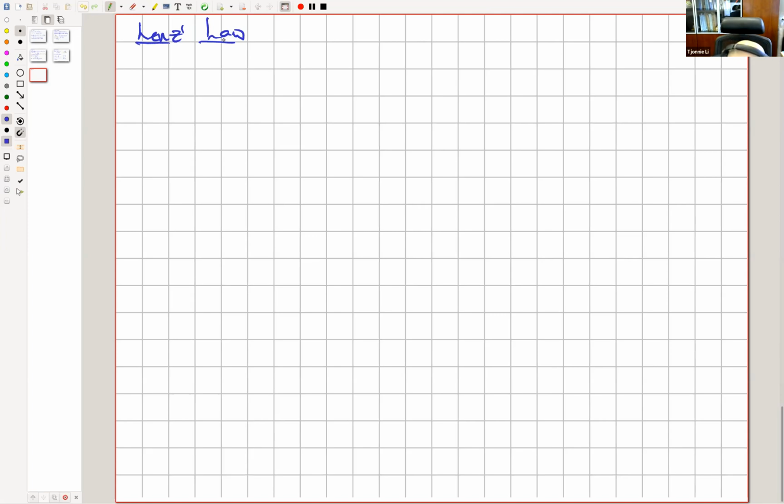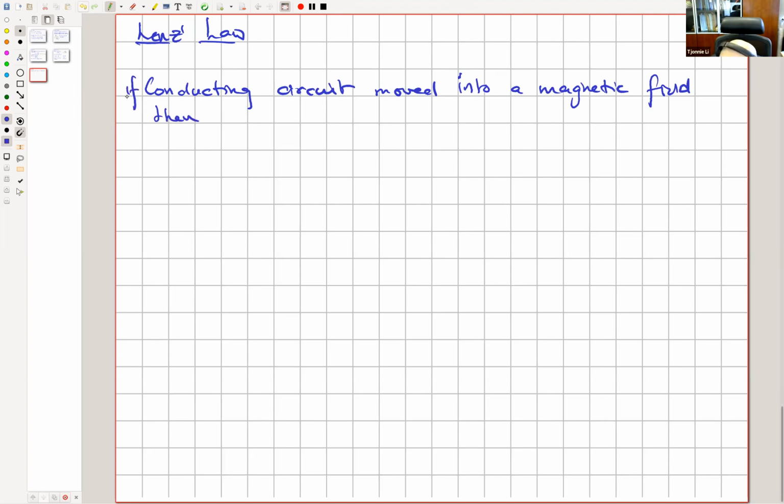Lenz's law pretty much states that when, for example, a conducting circuit is moved into a magnetic field, then the induced current opposes the motion.